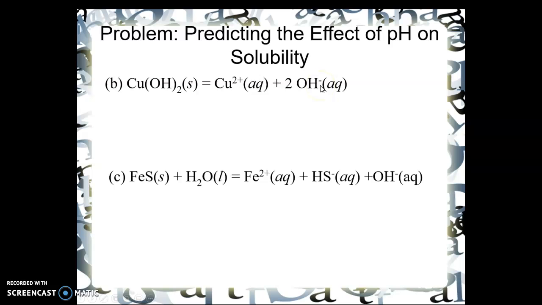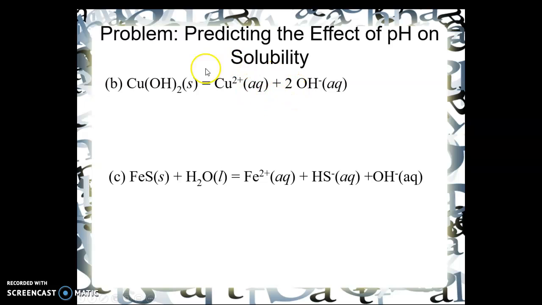Let's look at the copper hydroxide. It's interesting. We know that adding hydrogen ions will do something. It'll make water, won't it? And that pulls hydroxide out, and at least by Le Chatelier's principle, we'll say that that would mean more copper hydroxide is going to dissolve.